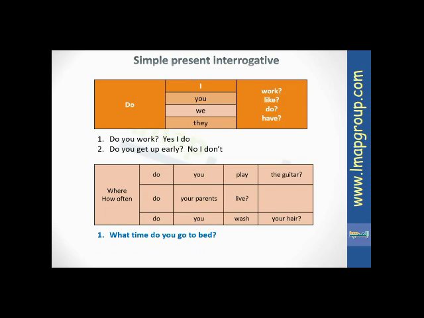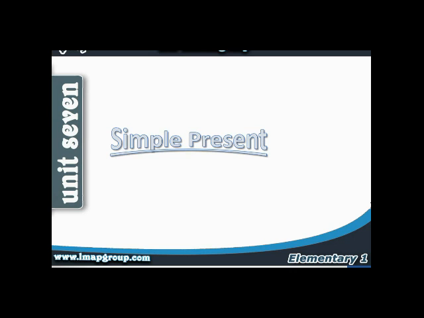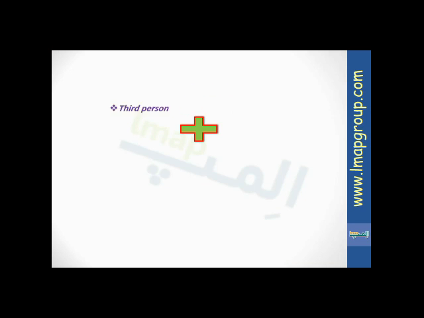حالا میخوایم ببینیم که برای سوم شخص ها چجوری باید چیزایی که خوندیم رو اجرا بکنیم. Okay. For example, he, she, it, plus reads, likes, works, lives, watches, does.